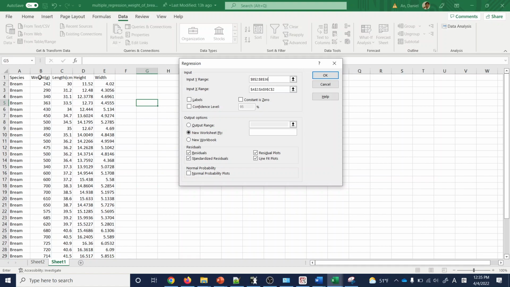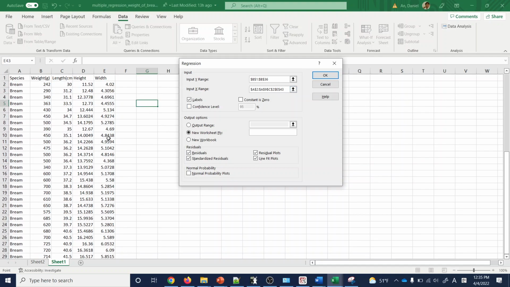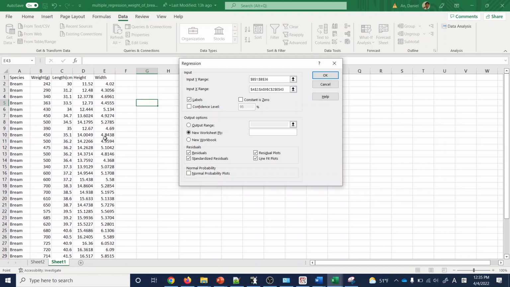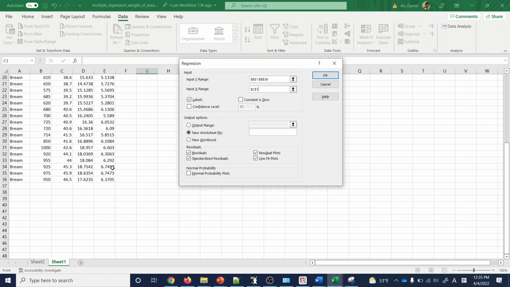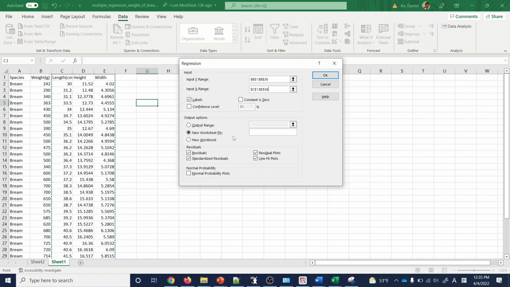So I start with the weight, which contains the label, and click this as an input, and click labels. Same thing for the length, height, and width. Okay, and then we will click OK.